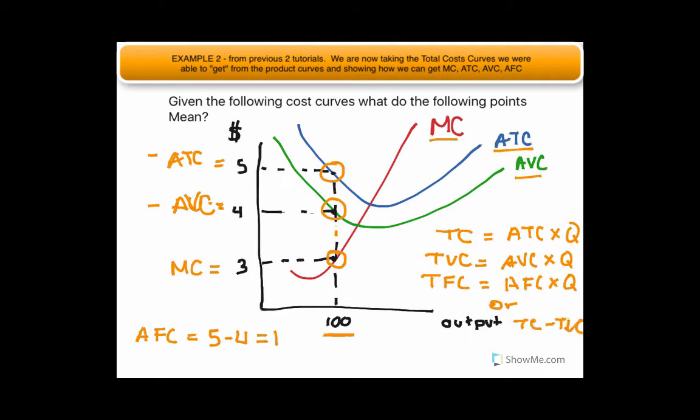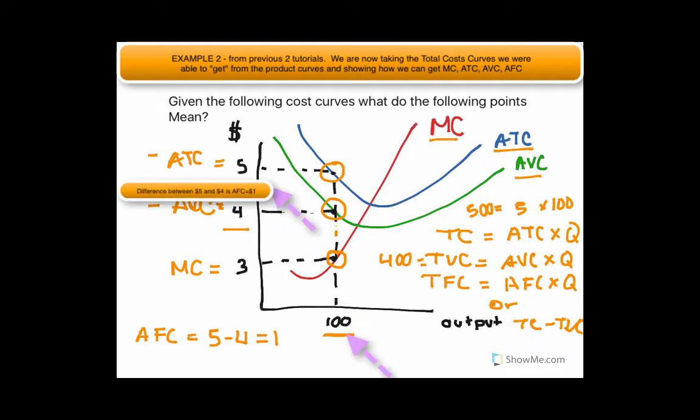So if we wanted to calculate values for each of these, then we could just look at the graph. And so, for example, for total costs, you would take the average total cost, which is 5, and then multiply by output, which in this case is 100. So you'd get 500. And then for total variable cost, you can do the same thing. You can take this average variable cost of 4 and multiply it by the 100, which would give you 400.